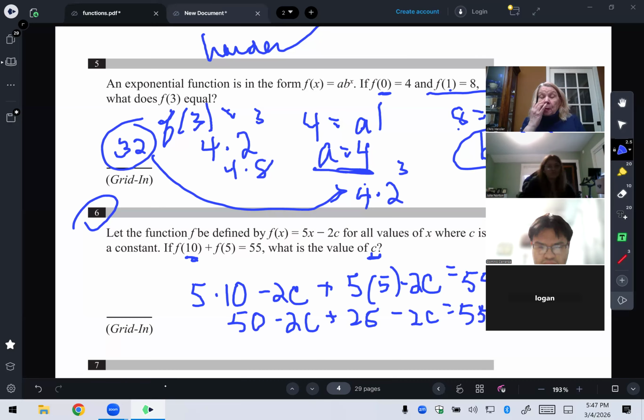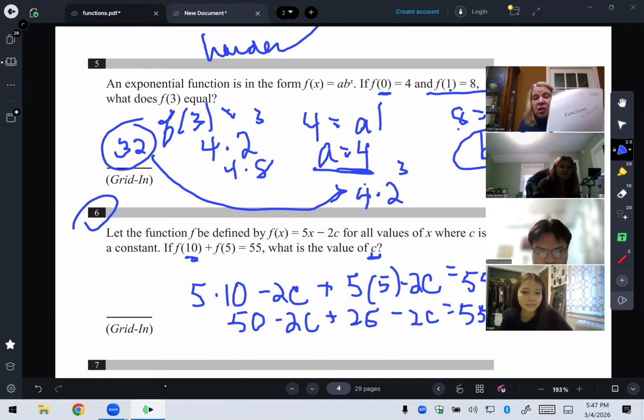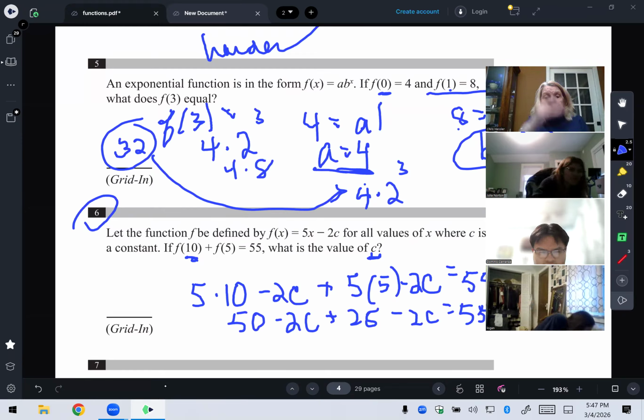Logan! Yay! Let me just get Logan caught up. So, Logan, we can't see your beautiful face. There you are. But we're doing functions, honey. And so you get that packet out. We'll wait for you.